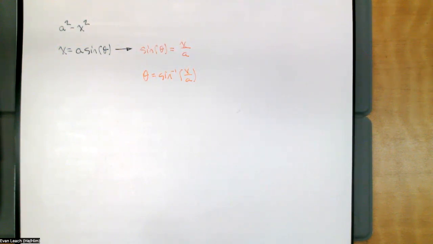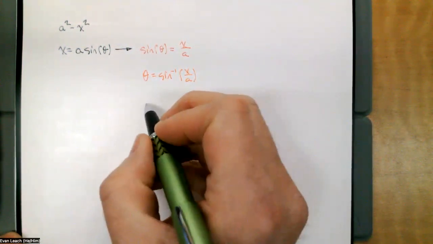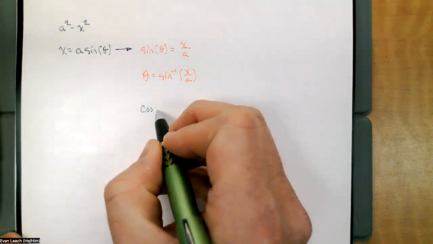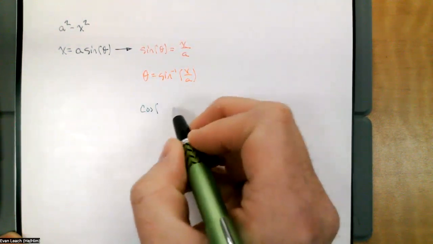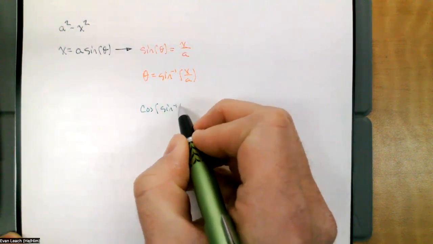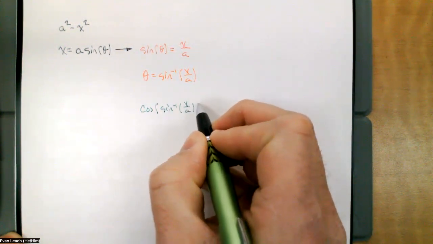That is trash. I'm sure there are some Cal 2 teachers out there that are okay with that, but that is trash. You will absolutely not do that in this classroom. You will not be writing cosine theta or cosine of sine inverse of x over a.